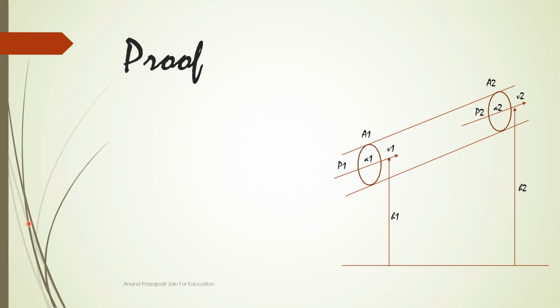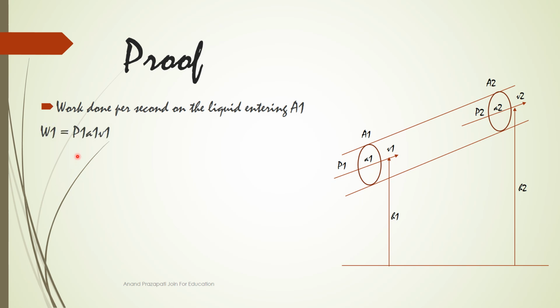Let's see the written statement. So work done per second on the liquid entering A1. Here liquid enters at this point of the pipeline, and the value of this will be P1 A1 V1. Hope that there is no problem to understand up to this step.